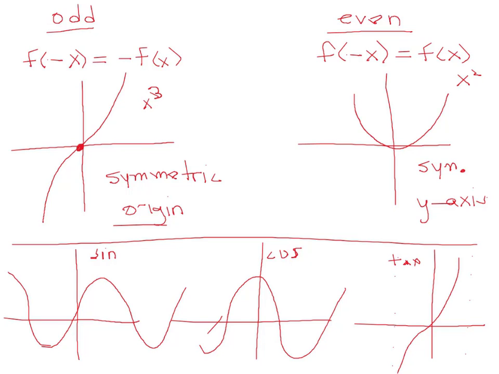The sine is odd, exactly. So the sine is odd. The cosine is even. Good. Tangent is odd. Got it? Does anybody not have this?